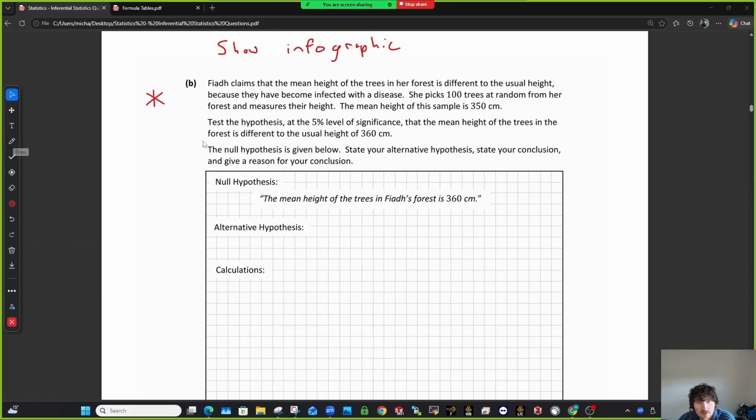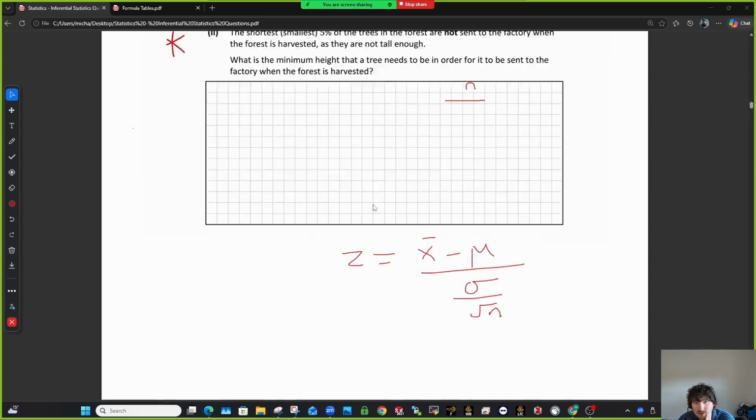The reason why I'm going to walk you through a little bit of an infographic here for a minute is because when we do this question, we're comparing the distribution of sample means. So our z-score formula is going to become this one. A lot of people are pretty uncomfortable with this. They know that they have to use this formula when the question mentions a sample size of n, so they sort of default to using this. Whereas in the very original one up there, we didn't use the root n because there was no mention of an n.